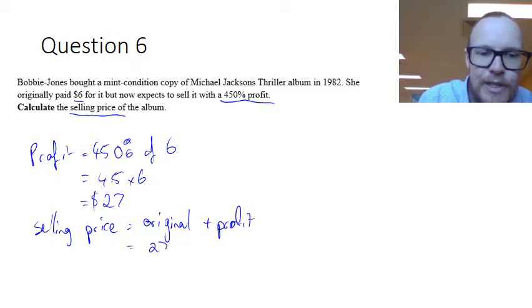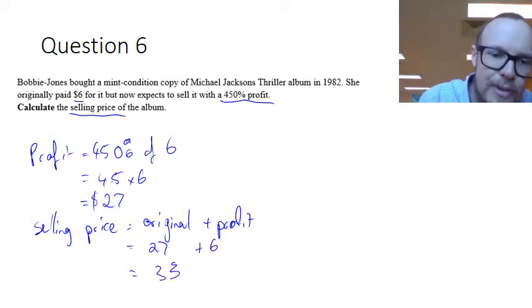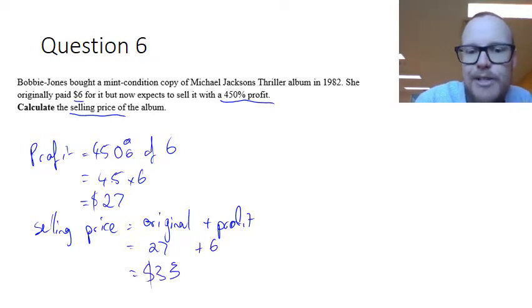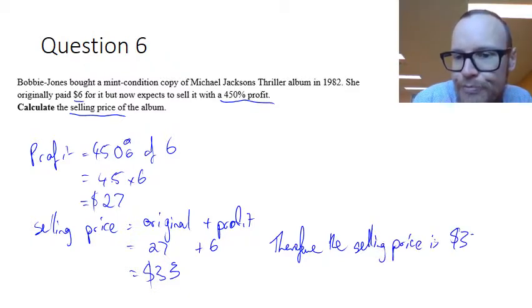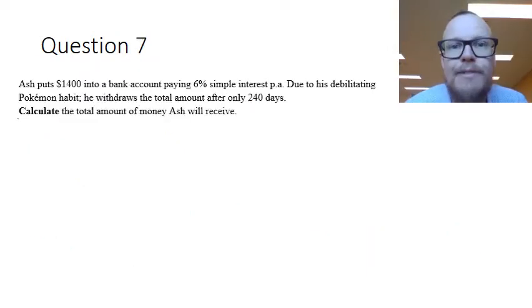So the original is $6 plus the $27, so the selling price is going to be $33. We should then write a sentence as well that says, therefore, the selling price is $33. Make sure you review that one.